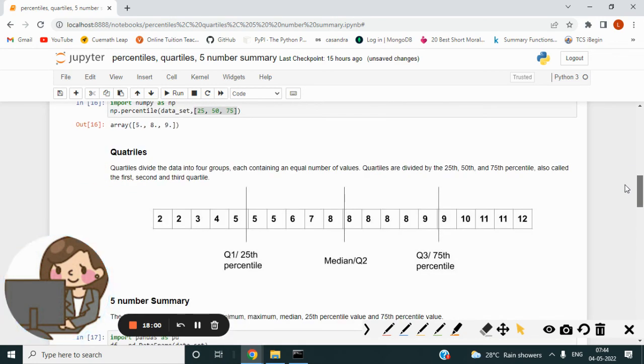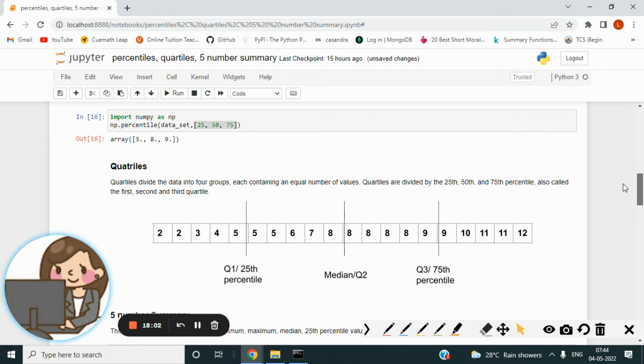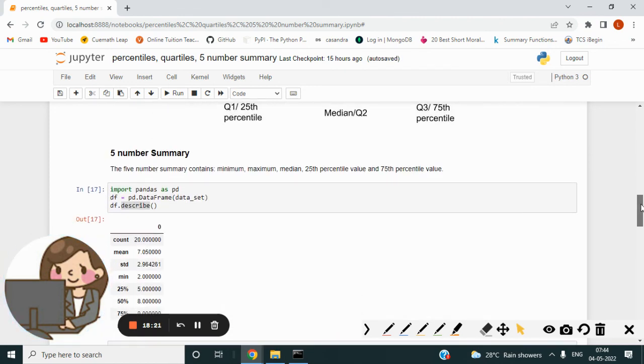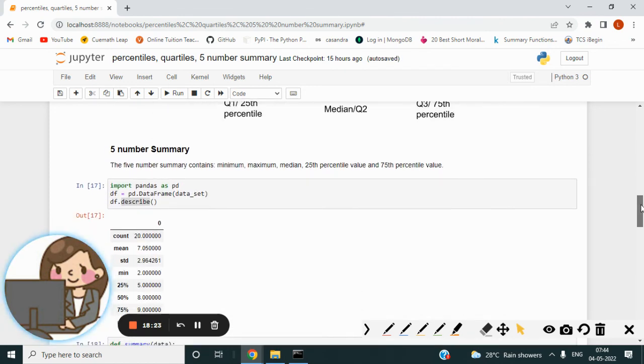Now, quartiles divide the data set into 4 equal parts, and Q1 is the 25th percentile, that is 25% of values will be below it. Q3 is the 75th percentile, which means 75% of values will be below it. And in case of the 5-number summary, we usually use the minimum, maximum, median, 25th percentile, and 75th percentile to describe a data set.